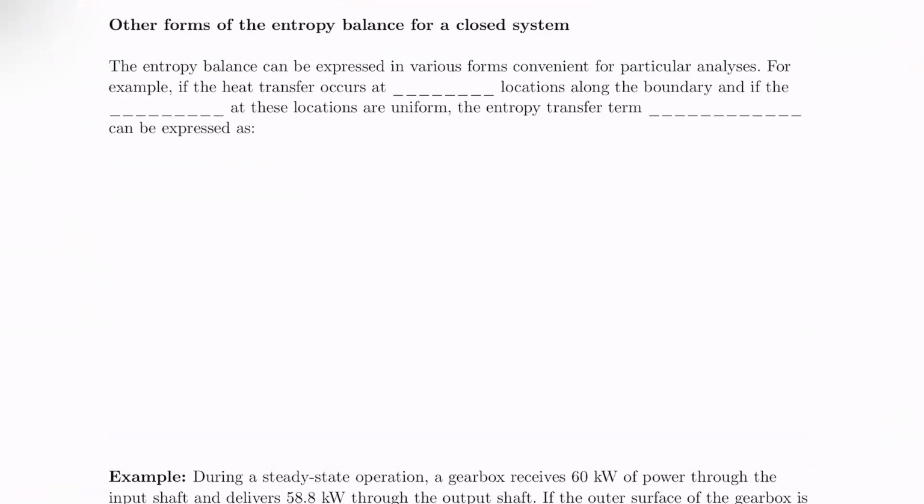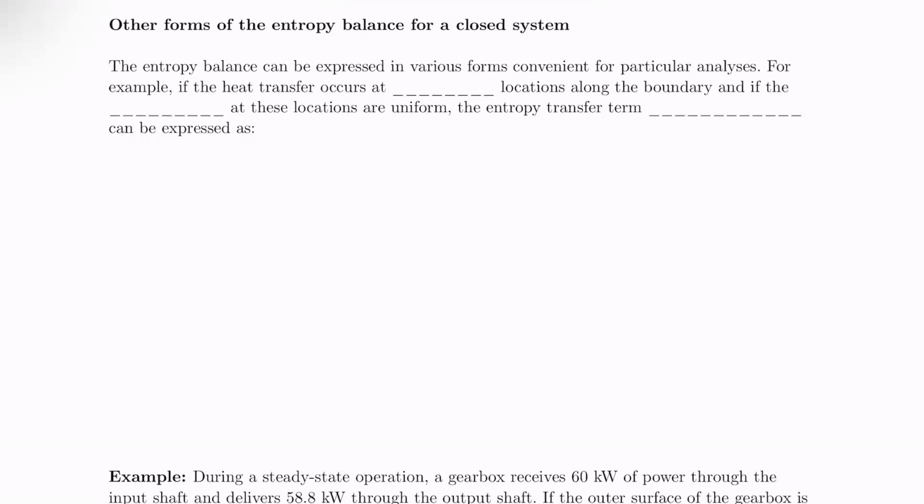There are a couple other forms of doing entropy balance for a closed system. One of them is the following. So we are going to formulate this in different ways because it's usually convenient for different types of system analysis. All right.